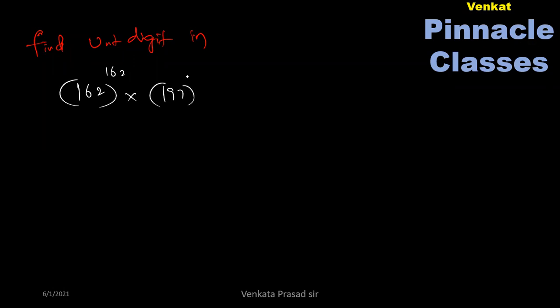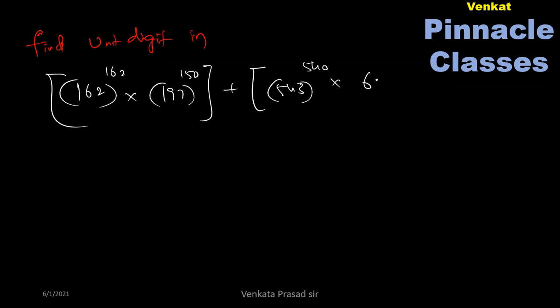Okay, next question. Find the unit digit in 162 power 162 into 2, 197 power 150, plus 543 power 540, plus 698 power 638.